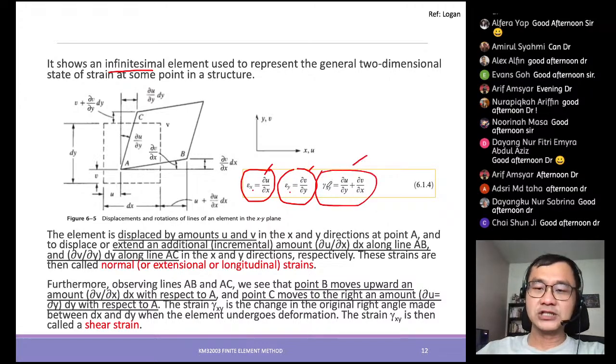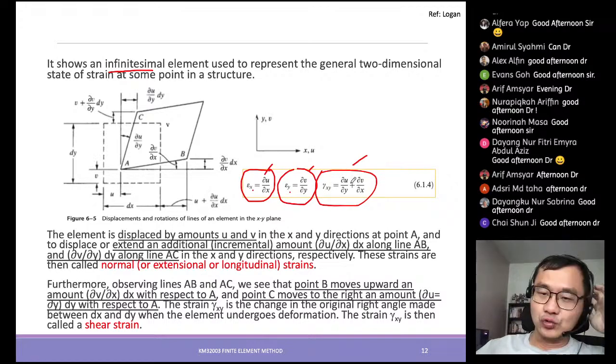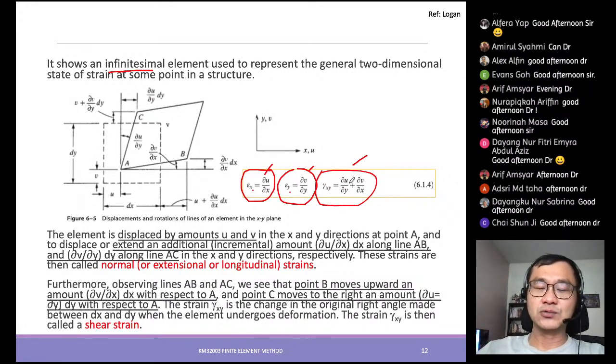The shear related to this. So these three equations would be used. The theory behind these three equations will be used to derive the relationship between the stress and strain later on. You can see that this is the strain, and this is some kind of displacement.